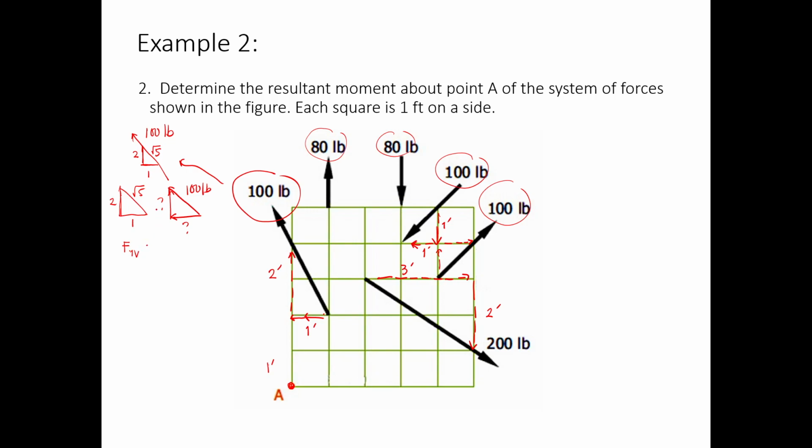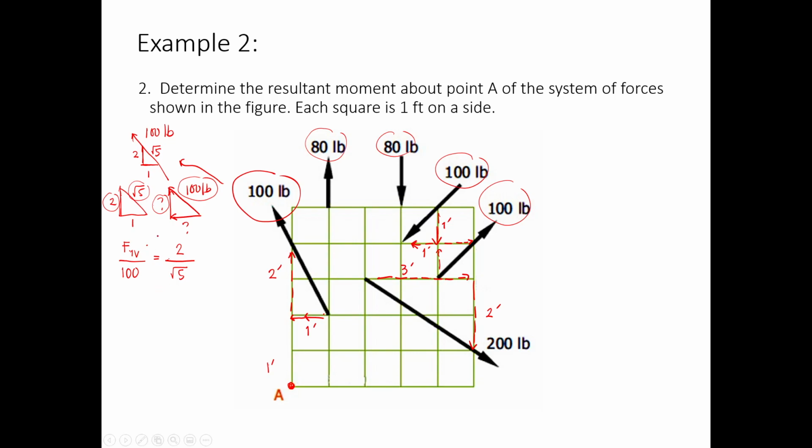So that will be the ratio and proportion. F1V over the hypotenuse of the force, which is 100 pounds, is equal to the side opposite, right? So F1V, then the 2 here, they face each other, so they go in the numerator. The denominator is you partner up also the hypotenuse, so that will be square root of 5.